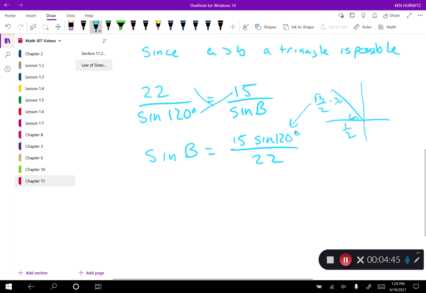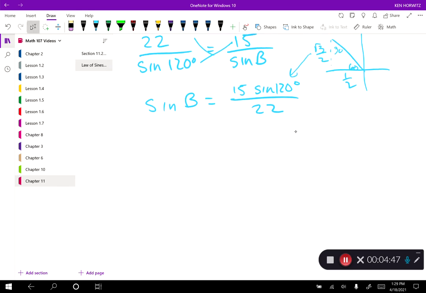So why don't you use a calculator to finish up and give me angle B? Angle B would equal the arc sine of 15 sine 120 degrees over 22. If your calculator has modes, make sure you are in degree mode. I'll give you the answer on the back end.